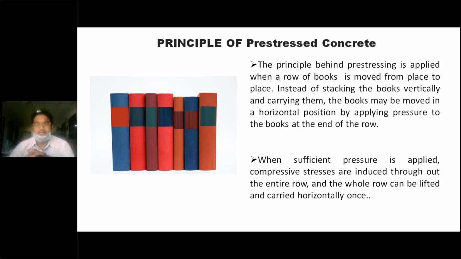You are applying force only at the two ends of the books, not in the center, but because of the compression stresses on either side, you are in a position to lift the whole stack, since compression stresses are induced throughout the entire row.